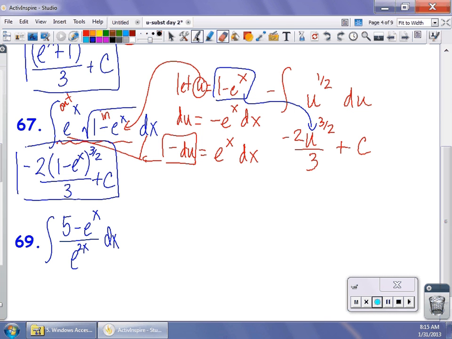And so in this case I'm going to let u equal the denominator because it's the more complex function. So I'm going to let u equal e to the 2x, and then I'm going to find du, the derivative of both sides, so I get du equals 2e to the 2x dx.